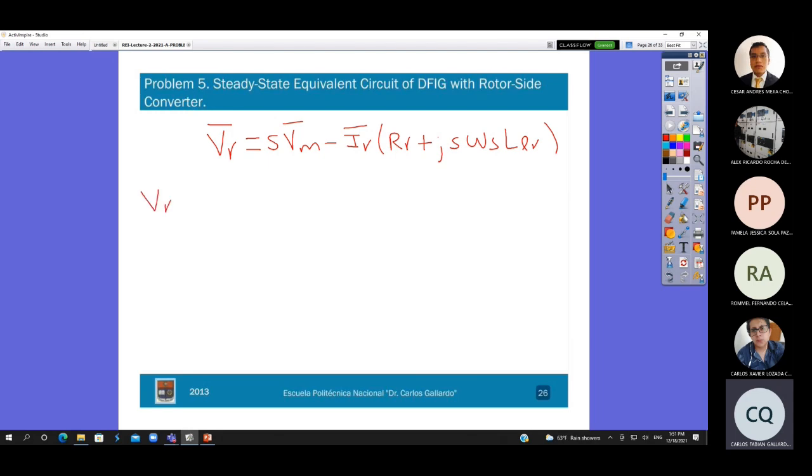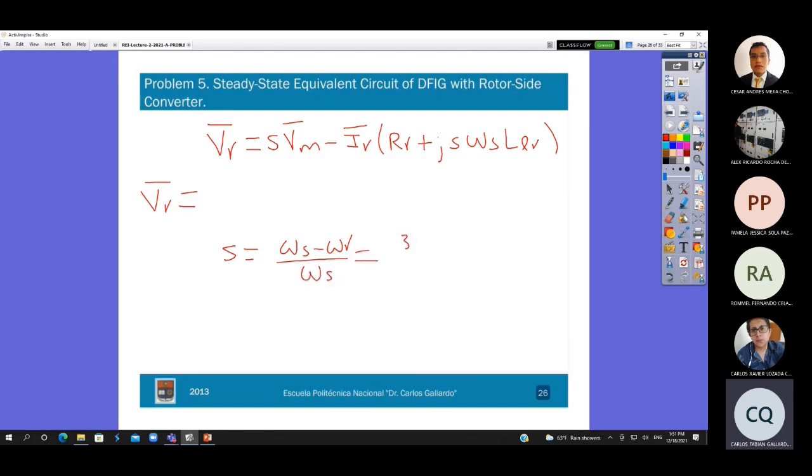Therefore, let's compute the slip. For the slip, I will get the stator speed minus the rotor speed over the stator speed. This is the definition of the slip.